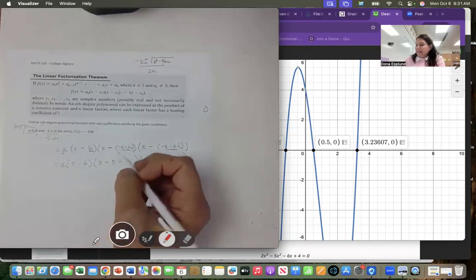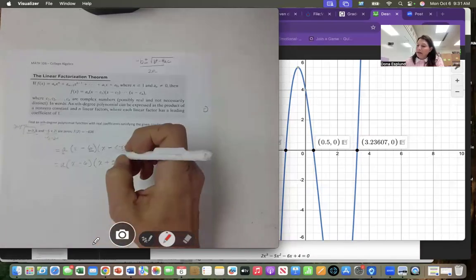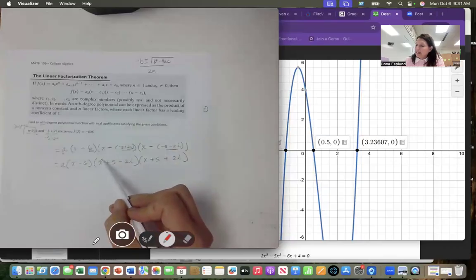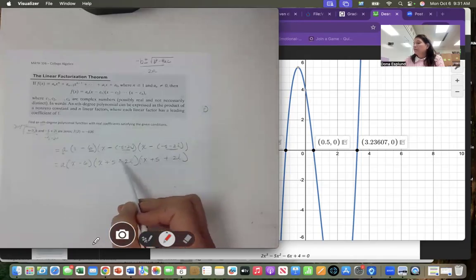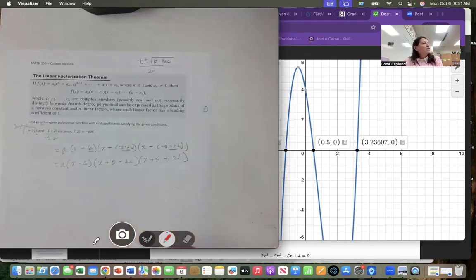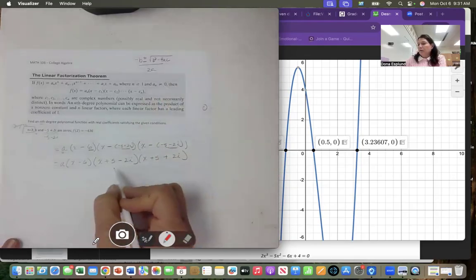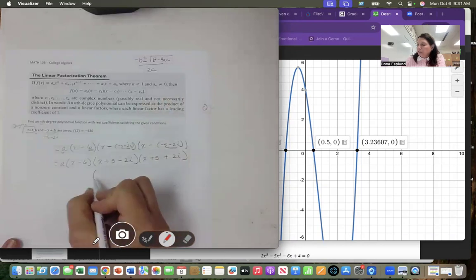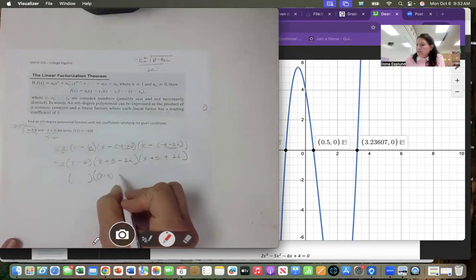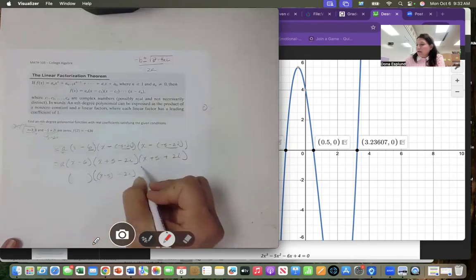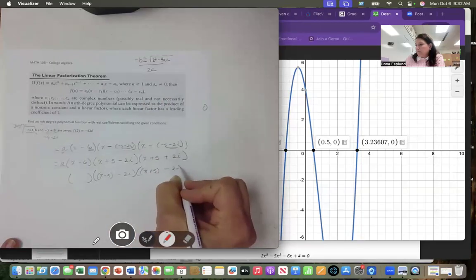Now, the way the help shows you, they take the x and multiply it times every one of my terms. Then they multiply the 5 times every one of my terms, and then they multiply the negative 2i times every one of my three terms. But I'm going to rearrange it just a little bit because I want you to look at it in the fact that I have x plus 5 minus 2i, and I have an x plus 5 plus 2i.